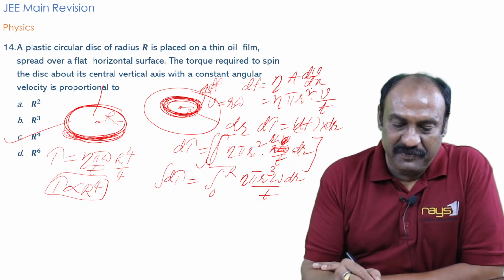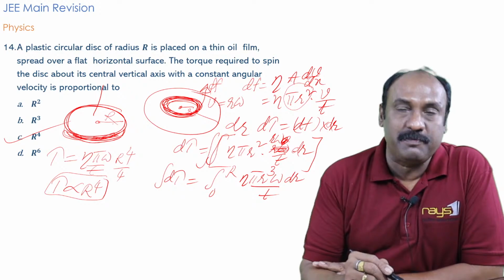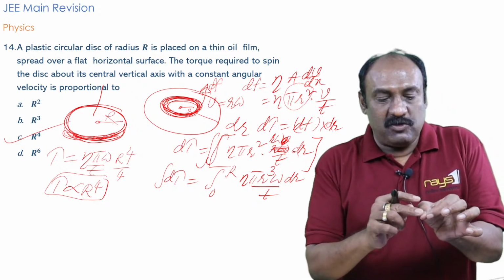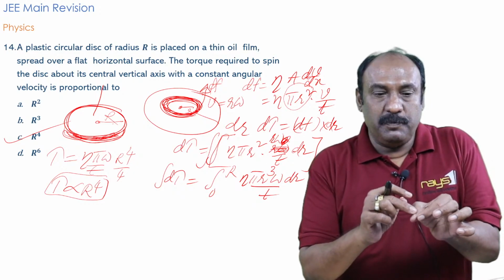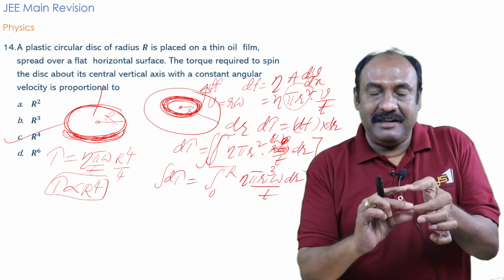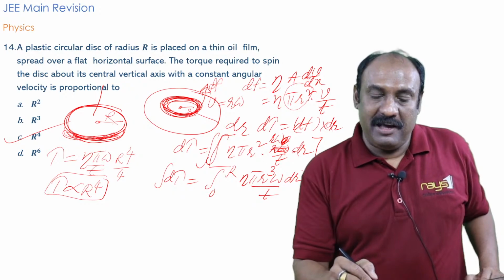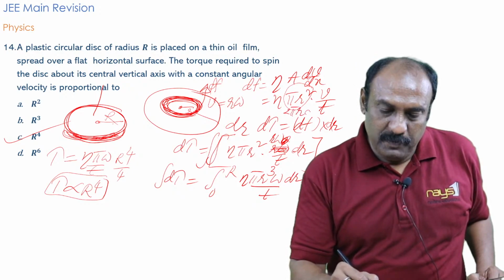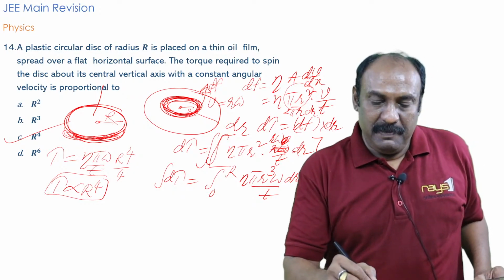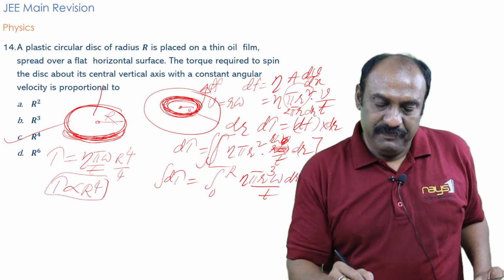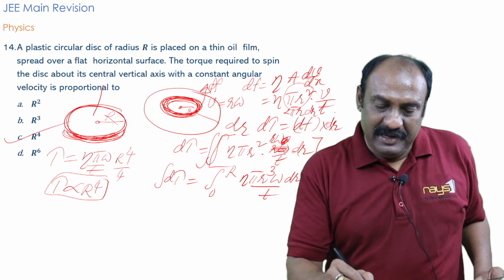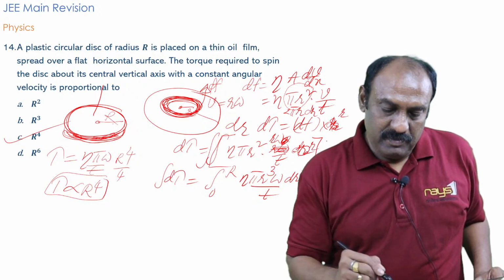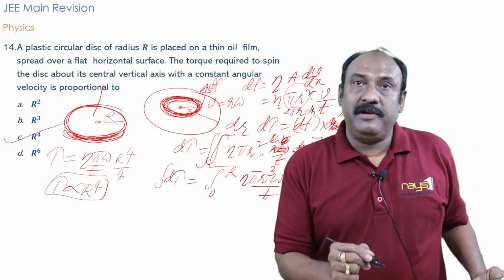So, in place of pi r squared, I considered the elemental area as 2 pi r into the thickness dr. In place of V, I write r omega, and in place of the perpendicular distance, it is replaced as r. So, 2 pi r into dr.